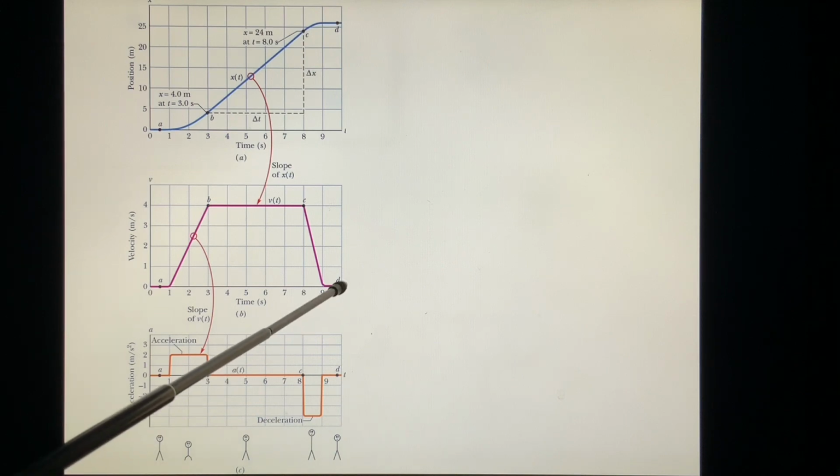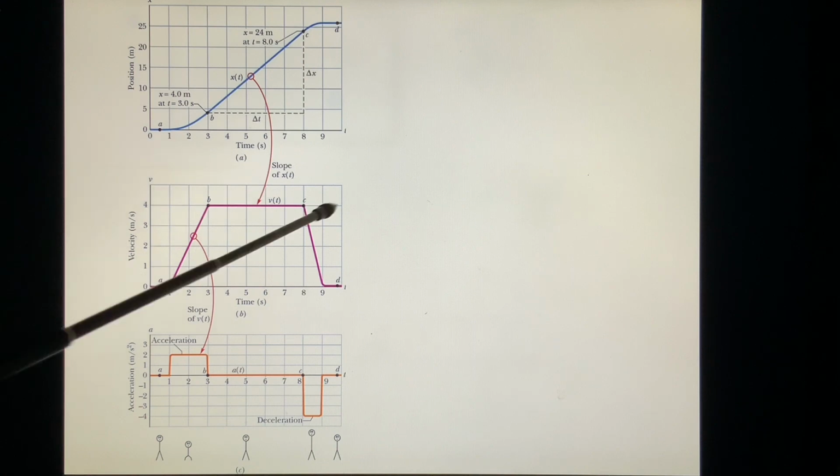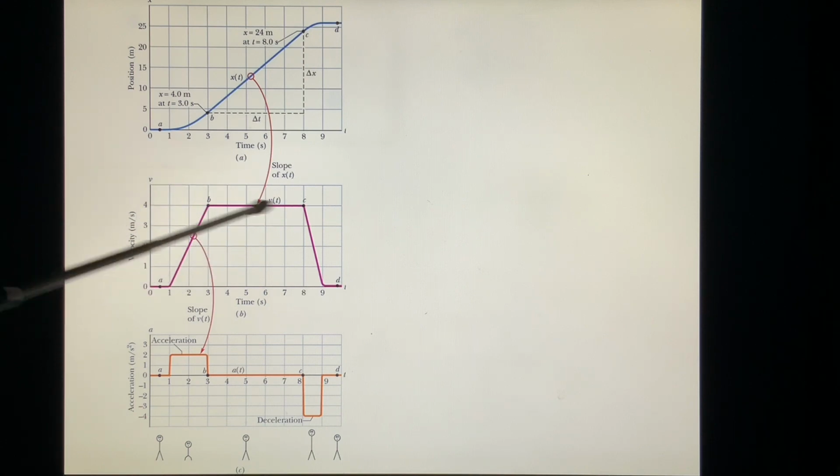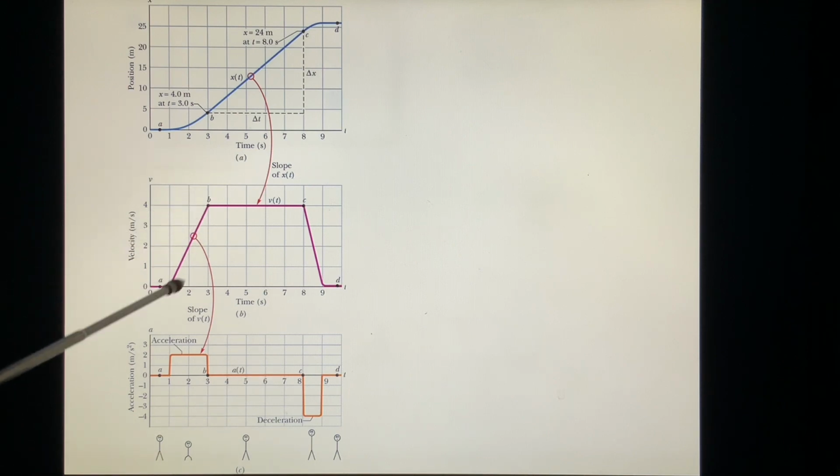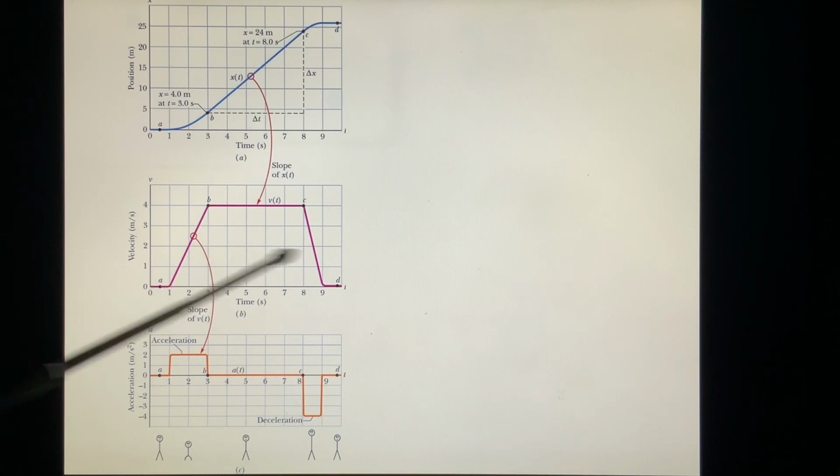Now, let's do it again. In this v over t plot, we take the tangent. In this area, the tangent is 0, right? So in this area, the acceleration is 0, because acceleration is the tangent of velocity. And in this area, the slope is the same, so the acceleration is constant. And this area is 0.